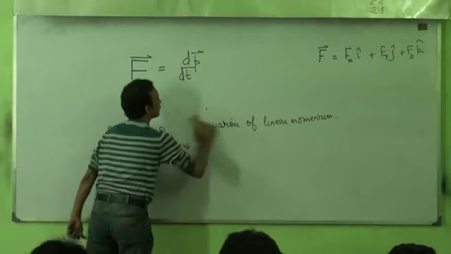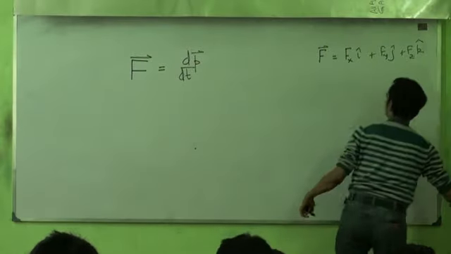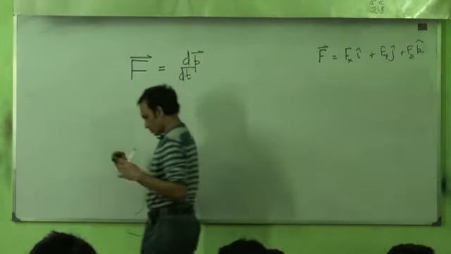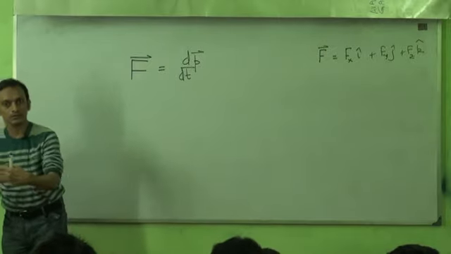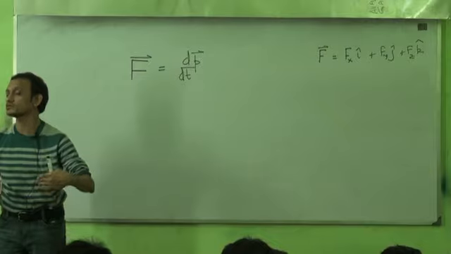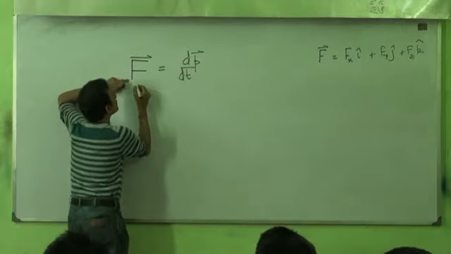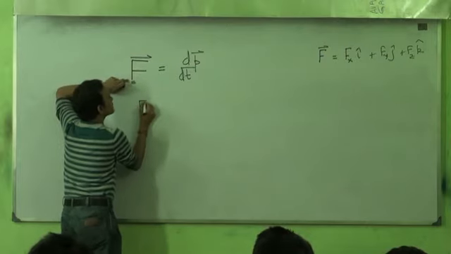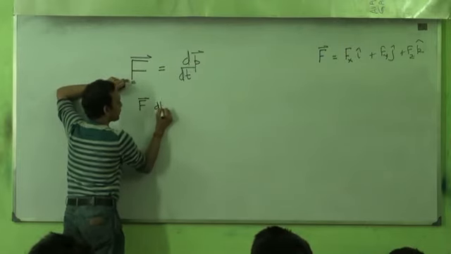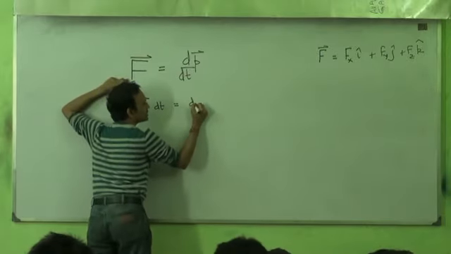Now, after all, what causes change in linear momentum? A force acting on a particle or a system of particles is instrumental in producing a change in linear momentum, in the sense that if a force F acts for a time dt, it produces a change in linear momentum dp.